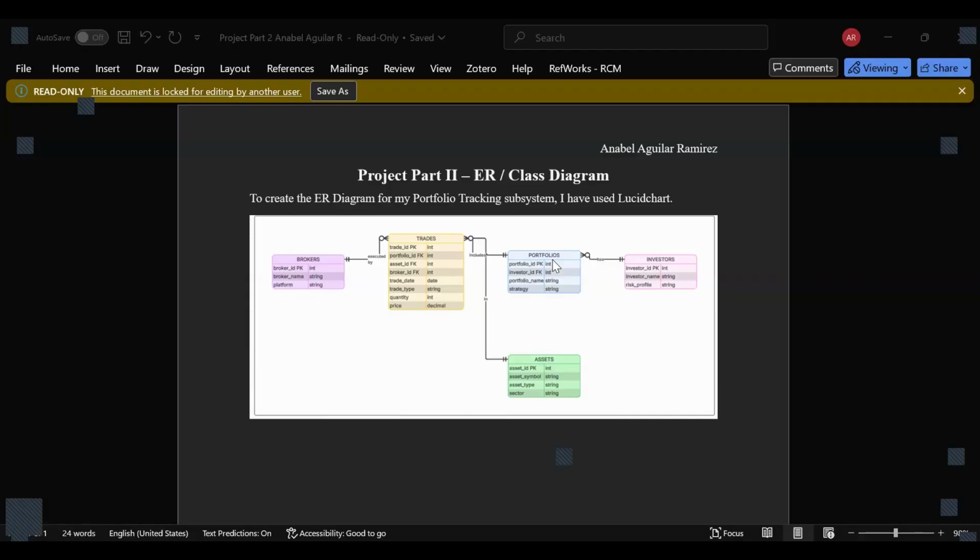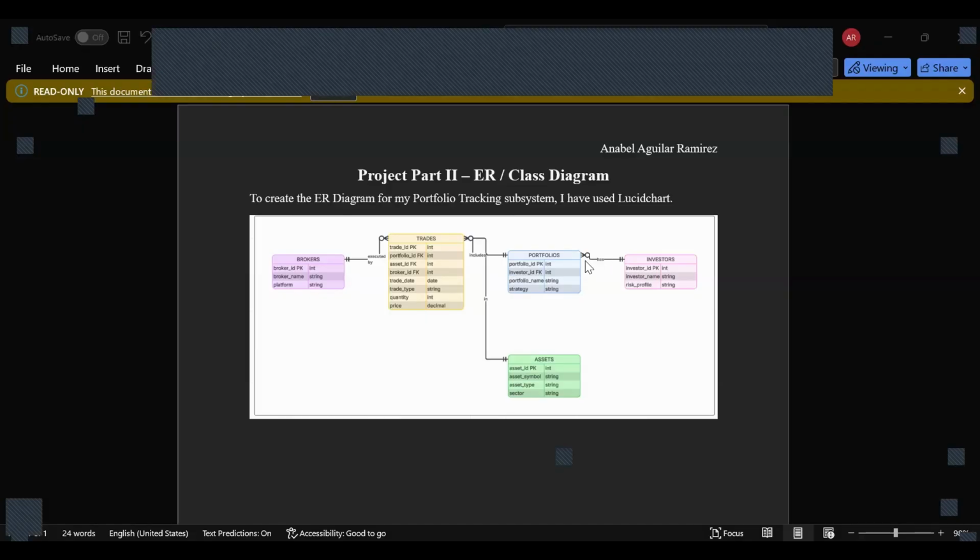Then we have the portfolios table, which stores each investment portfolio, and each portfolio belongs to an investor. It's represented using the investor ID foreign key to connect to our investors table. This creates a one-to-many relationship where one investor can have multiple portfolios.